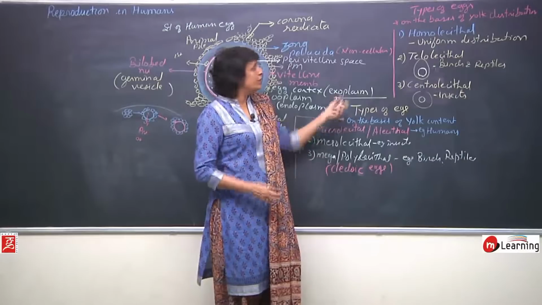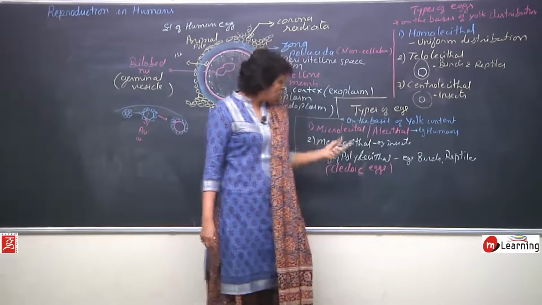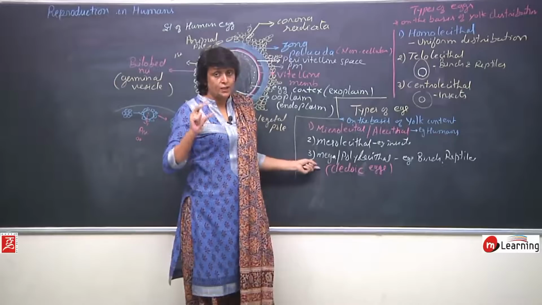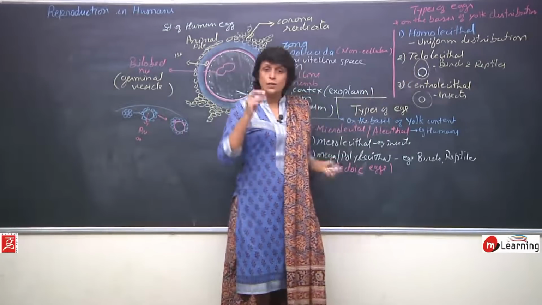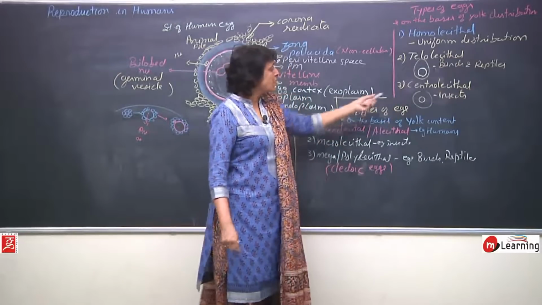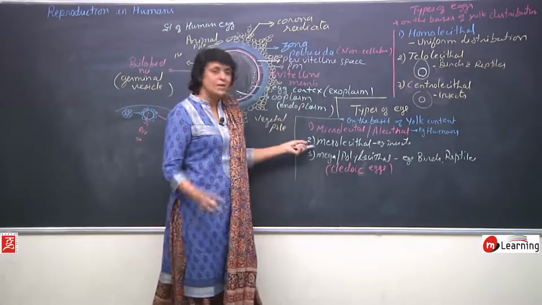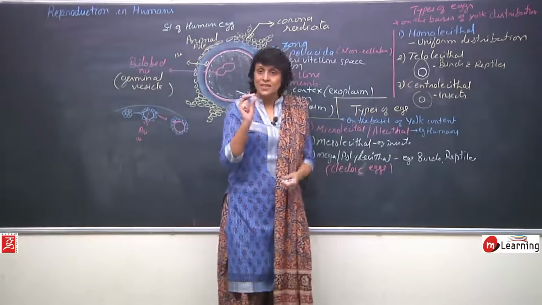Almost all microlecithal eggs are homolecithal. Then telolecithal, normally they are polylecithal, yolk content is more. In case of birds and reptiles, the yolk content is towards one end. And centrolecithal eggs are normally mesolecithal, the yolk content is not that much and the yolk is in the center.